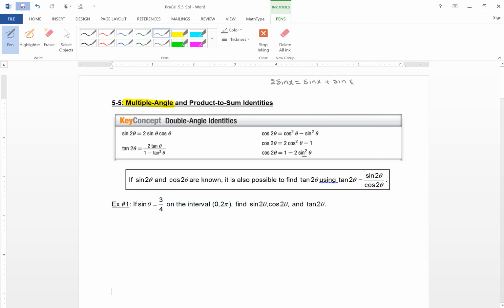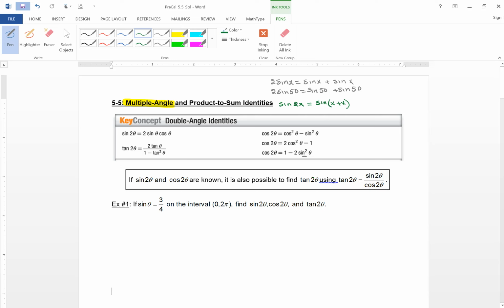If I had, for example, 2 sine of 50, that would be sine of 50 plus another sine of 50. Now, suppose I had sine of 2x. You see the difference now? This is not sine x plus sine x. This is 1 sine, and I have x plus x.